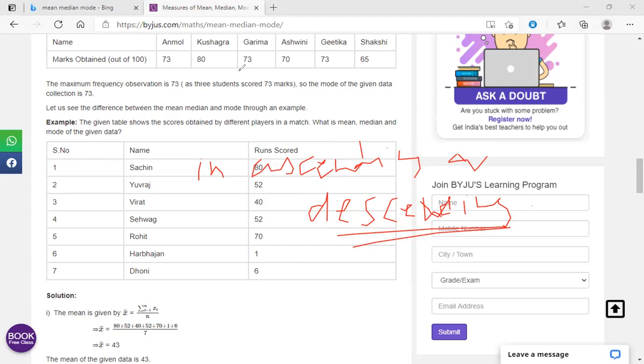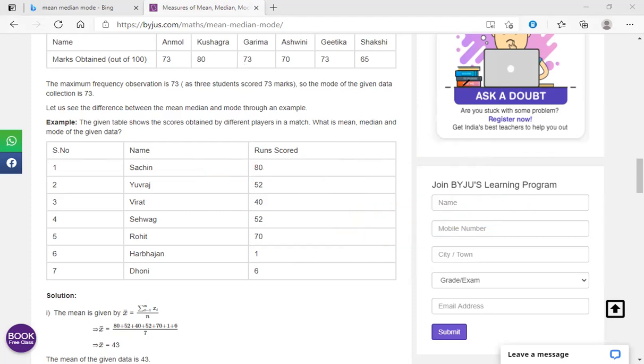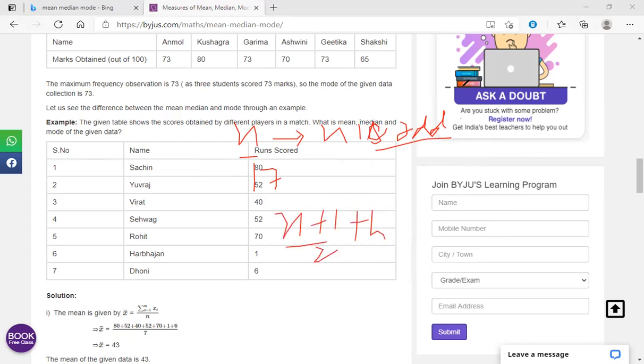Suppose the total number of observations is n, and if n is odd, suppose the total number is 17, which is odd, then what we do? Then the (n plus 1) by 2th observation will be the median value.